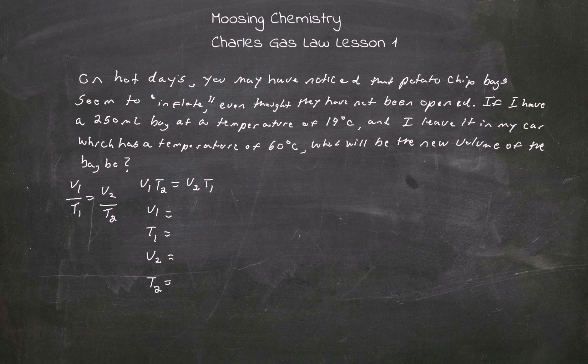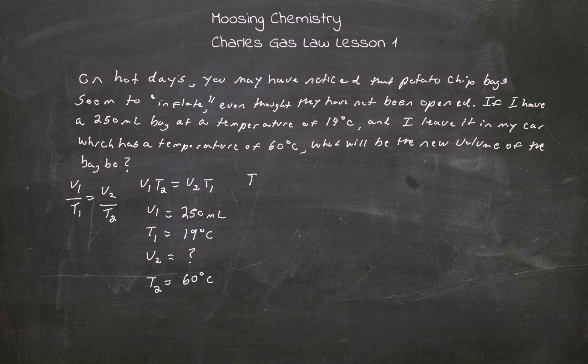So our first bag has a 250 milliliter volume and the temperature is 19 degrees Celsius. We're looking for our new volume, so that will put a question mark there, and our second temperature is 60 degrees Celsius.